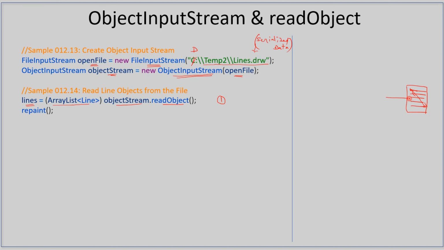Now we are reading that using the file stream, and from that file stream we are chaining it with the object input stream. So it has the stream of information, and what comes out of readObject is the actual array list that contains line instances.